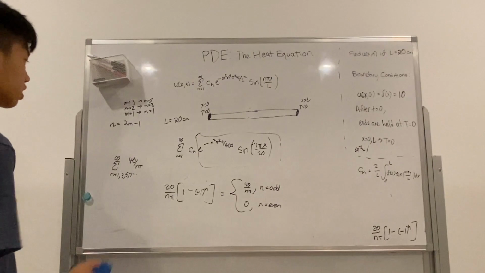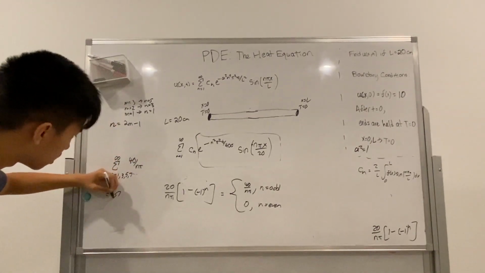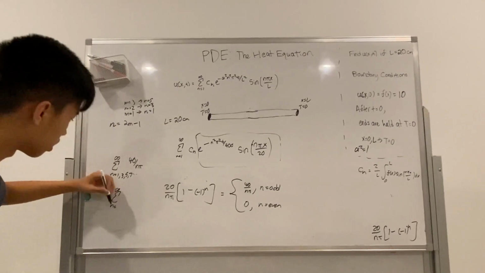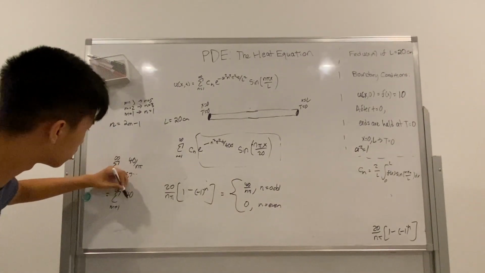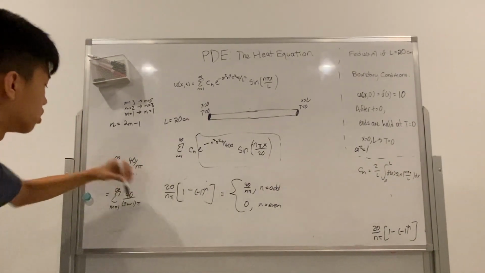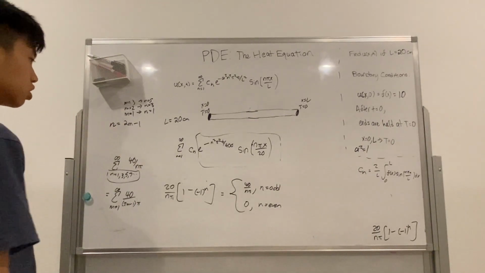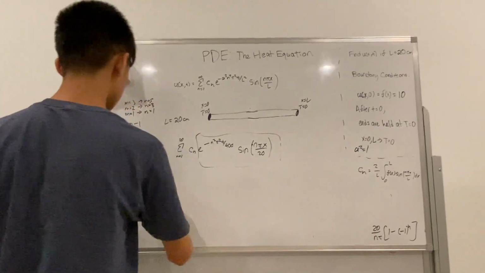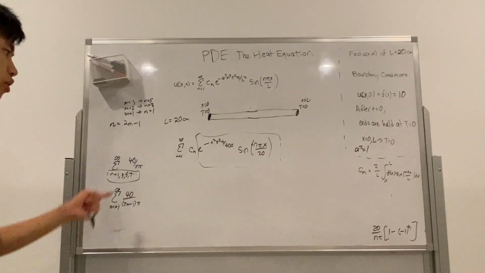So now, if you just make this simple change in index, you can have a series from m equals 1 of 40 over the new index 2m minus 1 pi. You don't have to do this pesky odd number stuff in the series. If we make this change from n to m, we have to change it for everything.